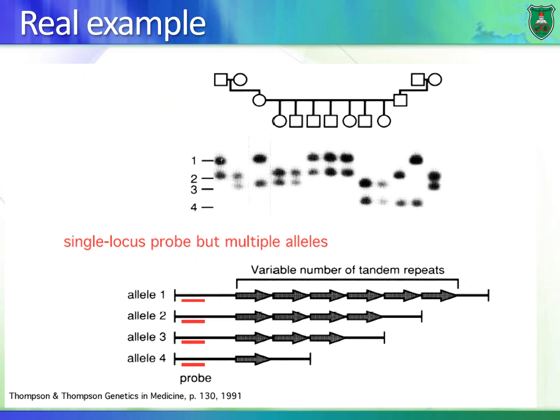Now, we can use VNTRs and STRs in paternity testing, in forensic medicine, in diagnostic medicine as well, and this is an example. Right here in this family, this is known as a pedigree. A square represents a male, a circle represents a female.